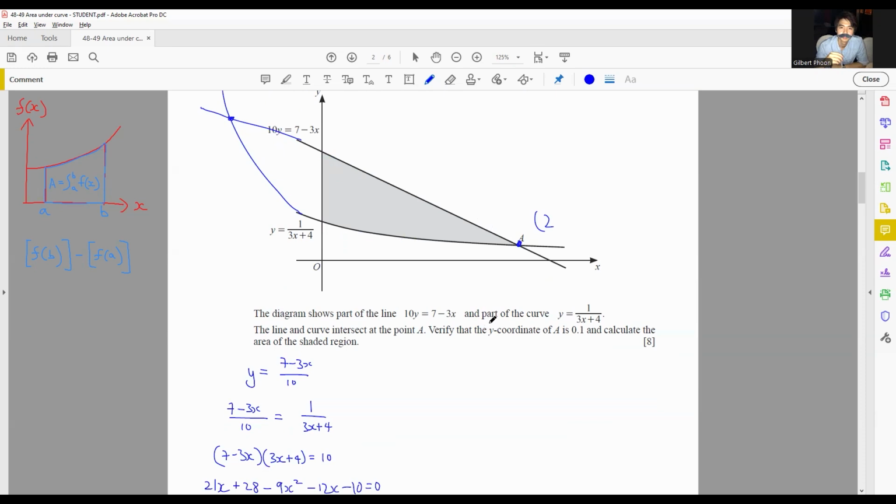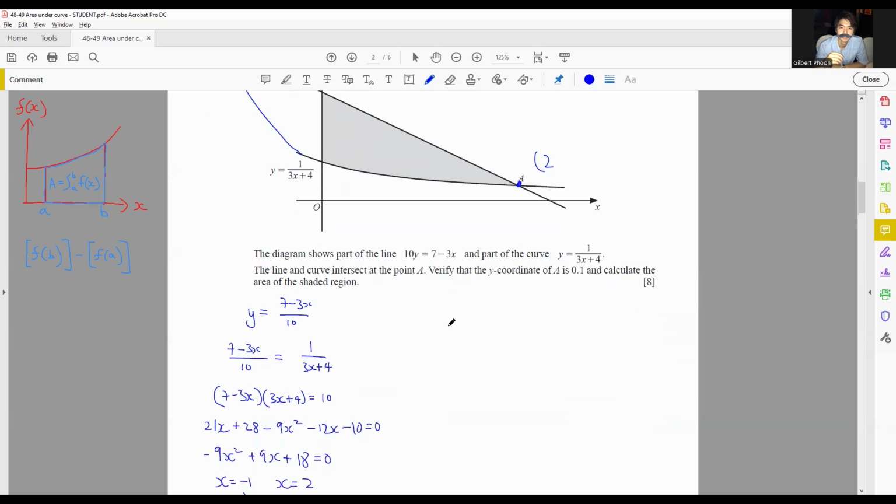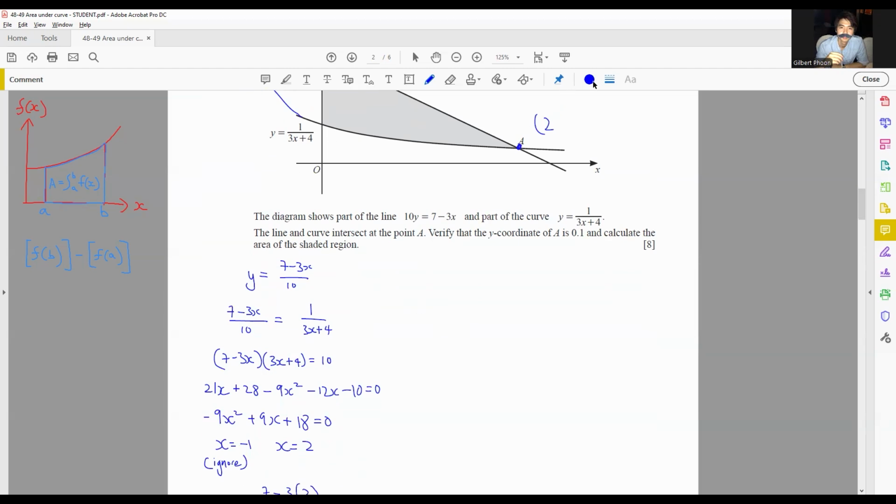First of all, we're going to find the area under the curve first. To find the area under the curve, we are going to integrate our y equation, integrate between 2 and 0, the equation of 1 over 3x plus 4. This will actually end up becoming a ln, right?